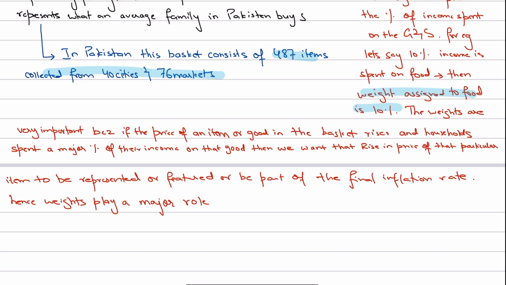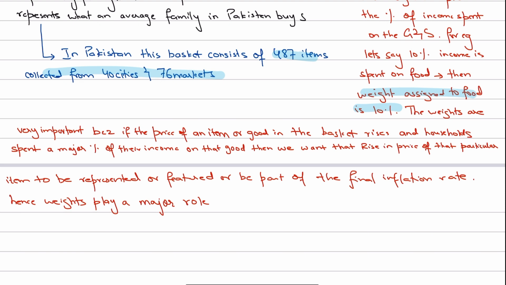What I'm trying to say is that if any particular item in a basket represents a major proportion of the income that an average household spends, and the price of that good goes up, right? It could be fuel. For example, if fuel is very expensive right now in Pakistan, and everyone uses fuel, so a major proportion of our expenditure goes on fuel because it's part of our everyday commute.